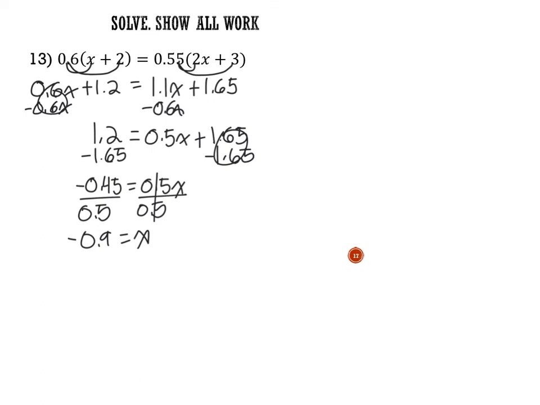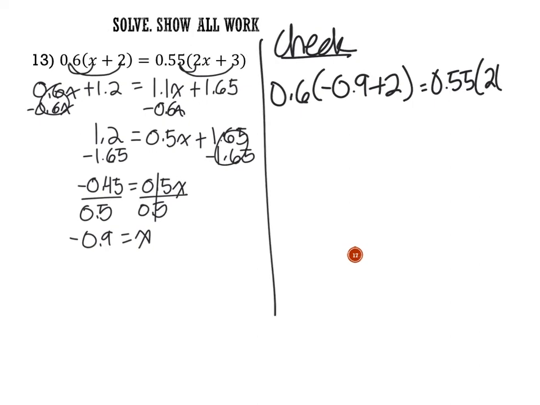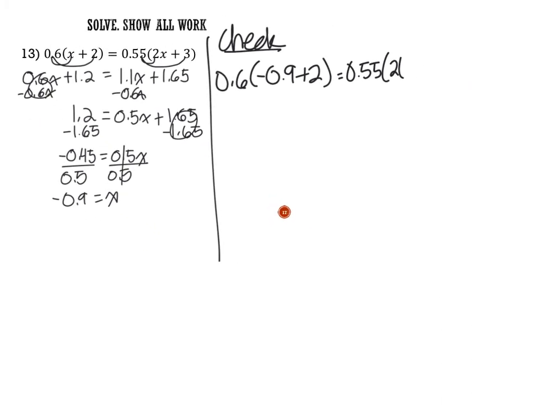To check it, 0.6 times negative 0.9 plus 2 equals 0.55 times 2 times negative 0.9 plus 3. I'm going to work with my left-hand side first.